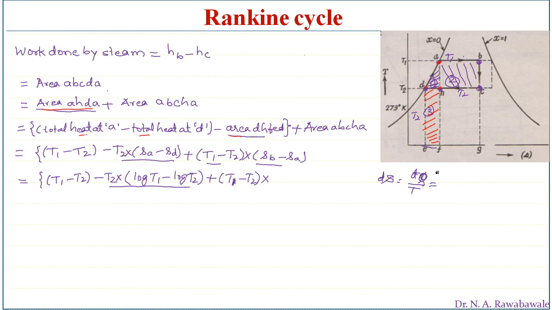During this process A to B, SB minus SA is nothing but the latent heat of vaporization supplied. If it is completely supplied up to B dash, the complete latent heat of vaporization, we call it HFG.